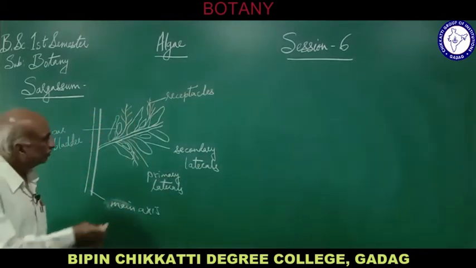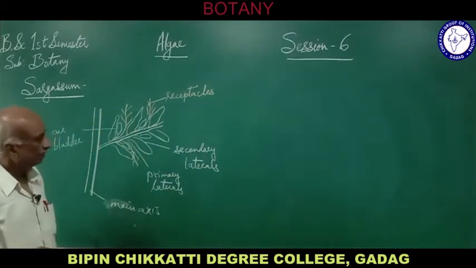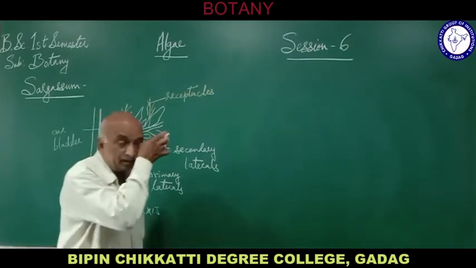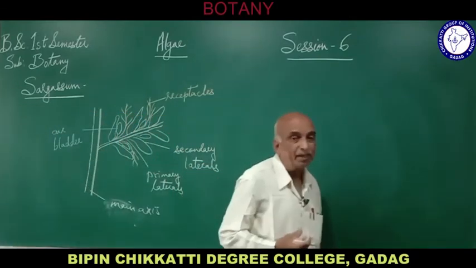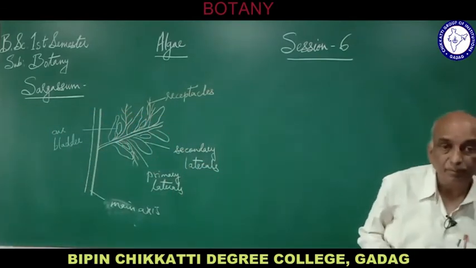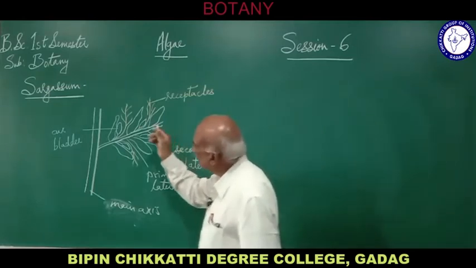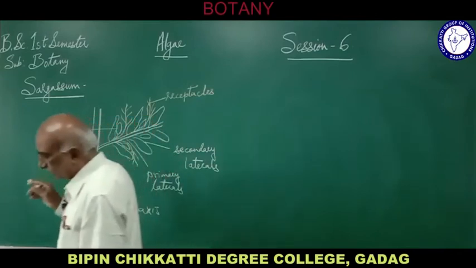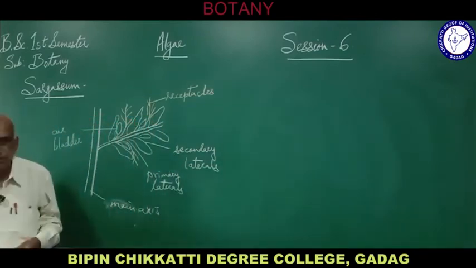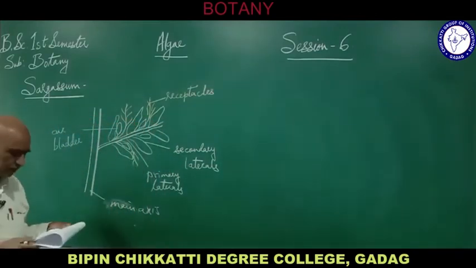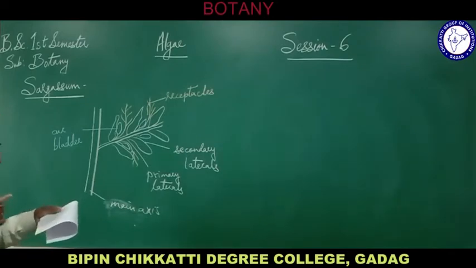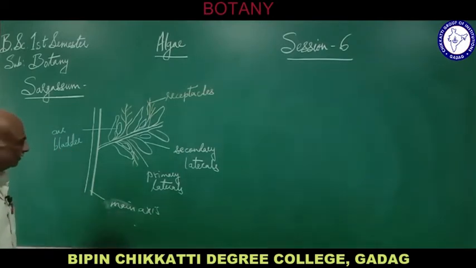The receptacles contain structures called conceptacles, which are the reproductive parts. The conceptacles are present inside the receptacle regions, which are highly branched structures. So that is about the morphology of the thallus.